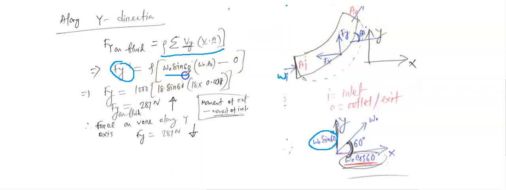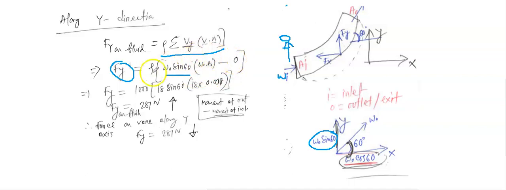So this is w0 sine 60 along the y direction. As I said previously, this could be Vx or Vy, so you only need to change this, and it would be w0 a0. And in the final momentum, we have no velocity, no mass in this direction, so we will have 0 for this part.